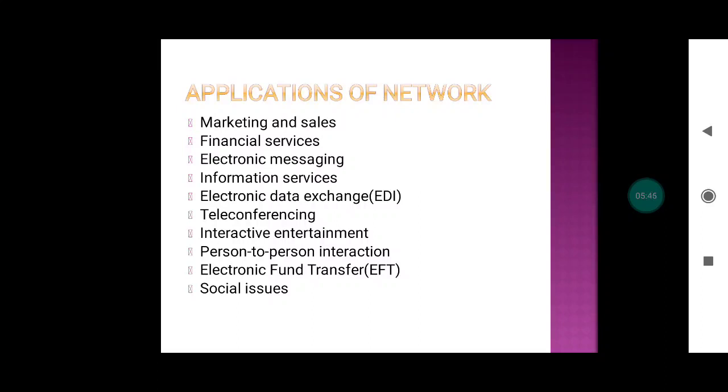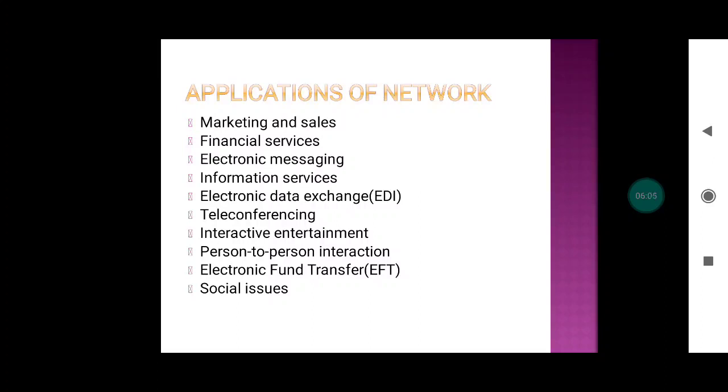Then electronic messaging, so we can instantly message one another using the network. Then information services, that is, we can share multiple kinds of information using the network, like in Google we can search, and we have different other browsers also for searching.